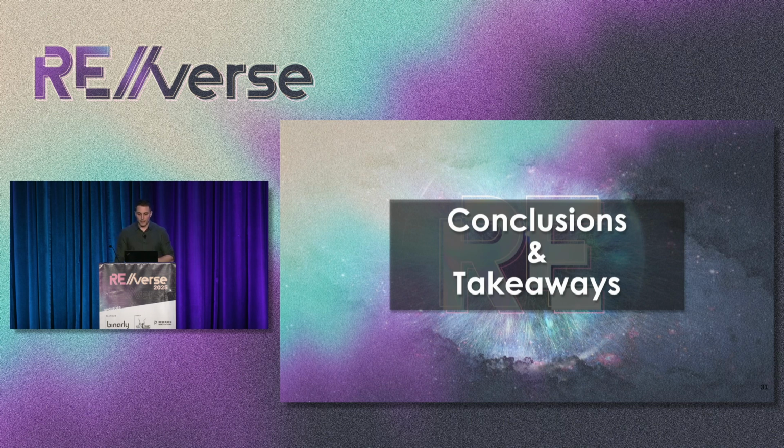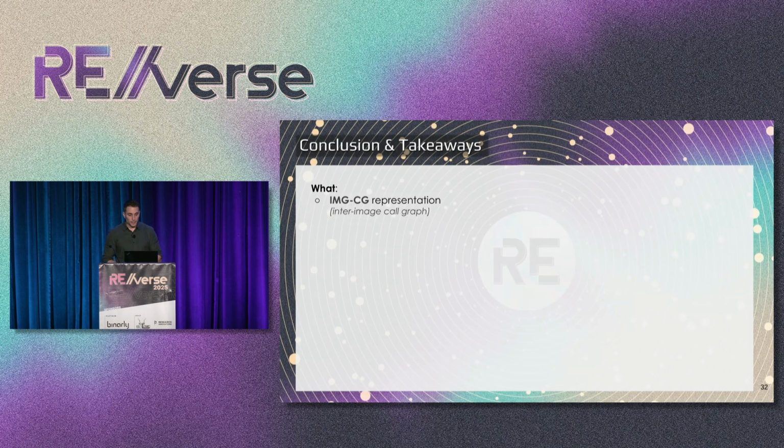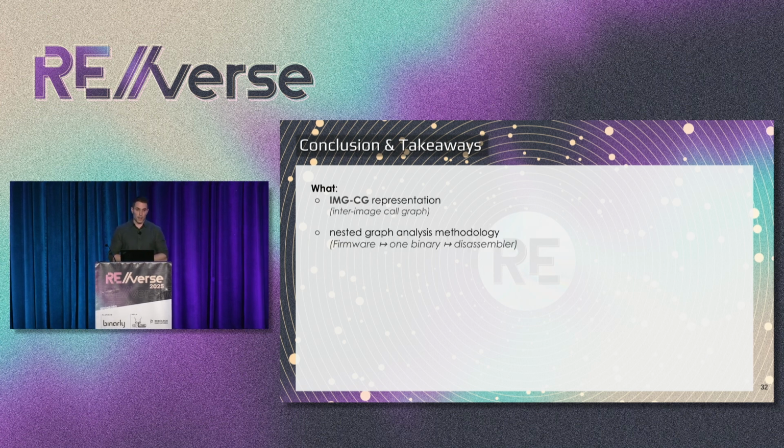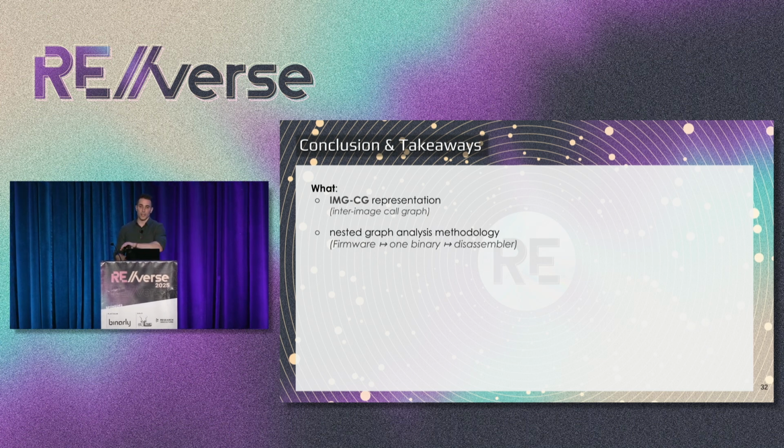All right, I will jump to the conclusions and takeaways of this presentation. What we proposed here was an inter-image call graph representation that maps the overall call graph of the whole firmware. We propose a nested graph methodology where you start from the firmware, then you jump to one binary, and then ultimately you end up in your disassembler. For the reconnaissance phase, it's useful because you want to go from broad to specific.